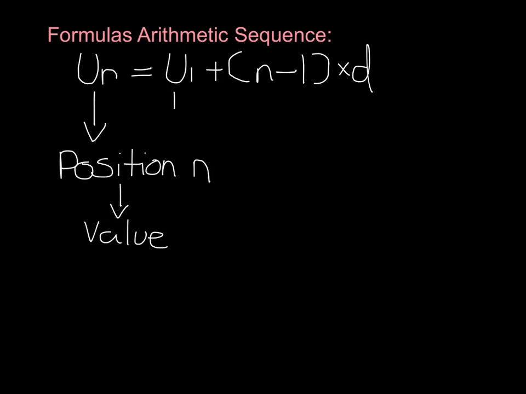u1 is the first value, n is the number of the position, and d is something called the common difference.